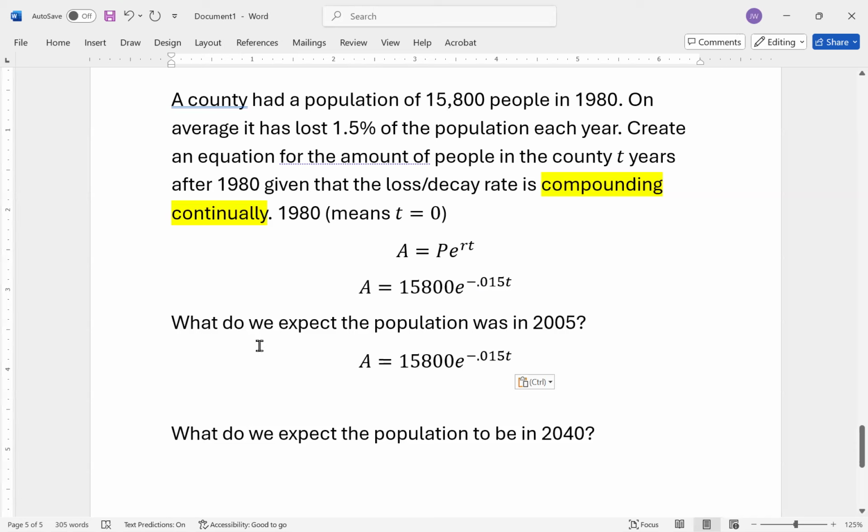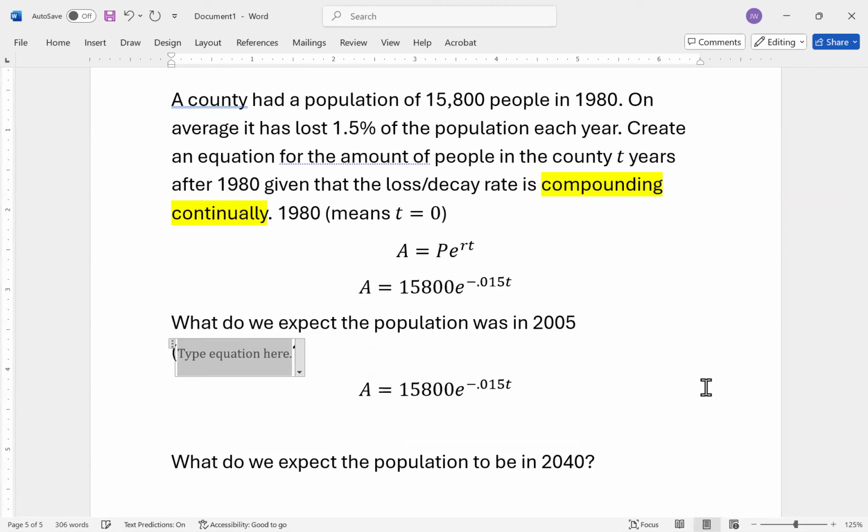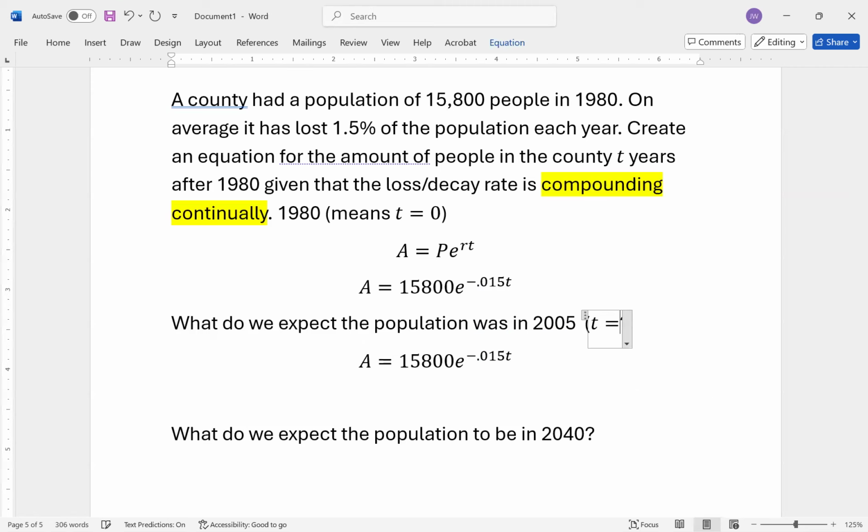Then it asks us, what do we expect the population to be in 2005? Remember, our time starts at 1980. So to go from 1980 to 2005 is a difference of 25 years. Just take 2005, subtract 1980.